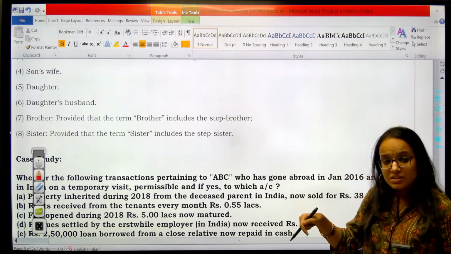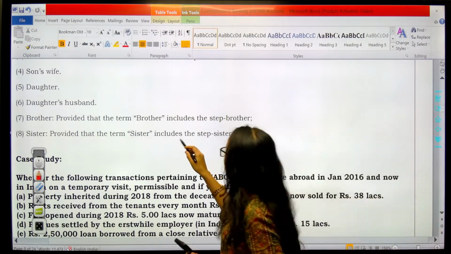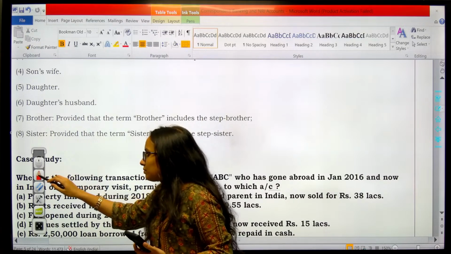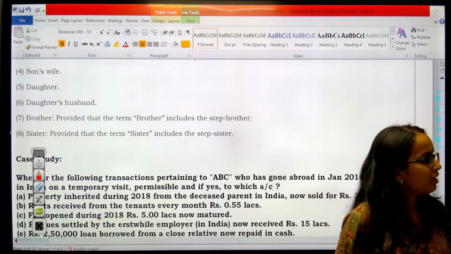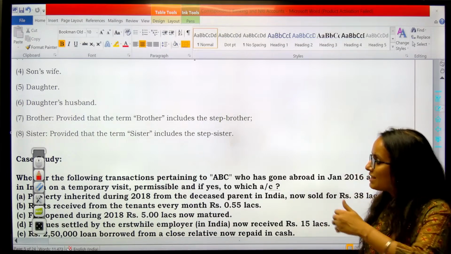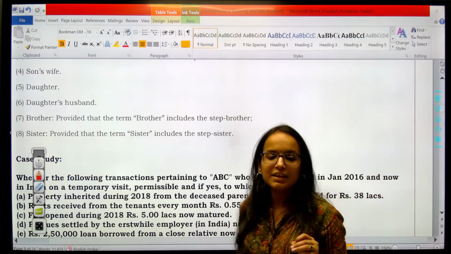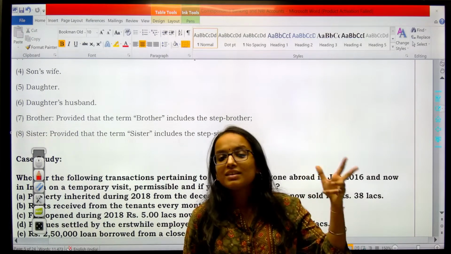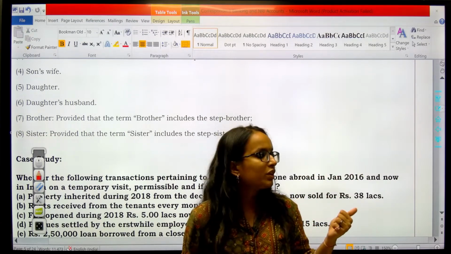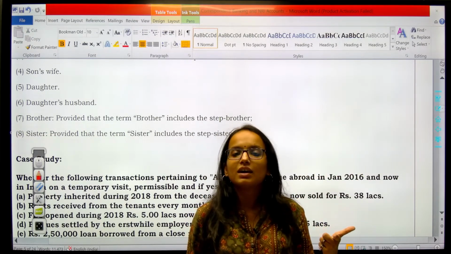Clear? Sister, provided that the term sister includes a stepsister as well. So all these relations are specified in your Companies Act, and on the basis of this, who is a relative will be decided for the matter of NRE account holding.